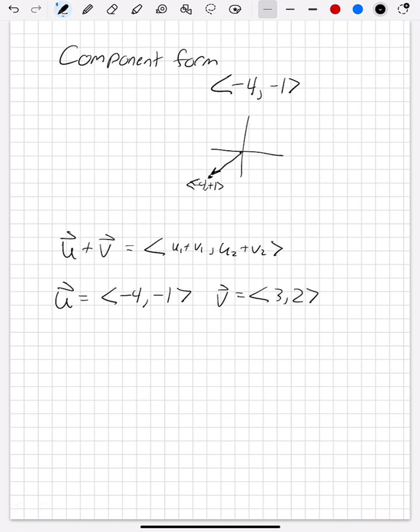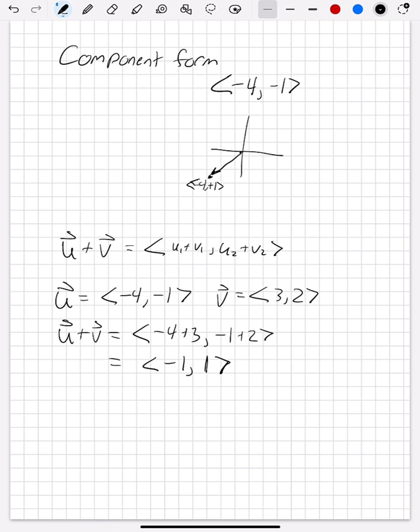If I wanted to figure out u plus v, I just add the first components together, and then I add the second components together. What this leaves me with is -1, 1. So the resulting vector, if I add them together, is -1, 1.